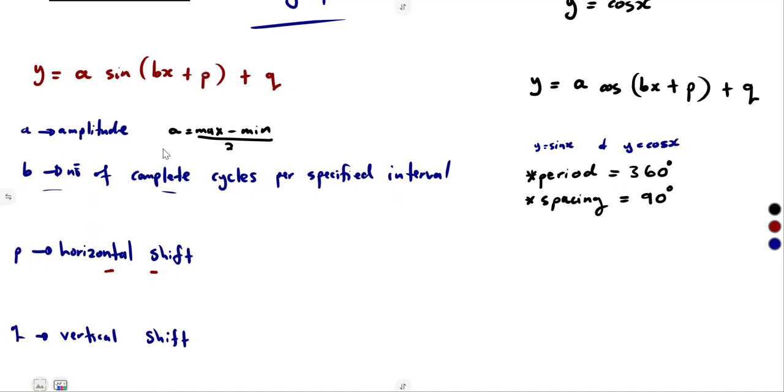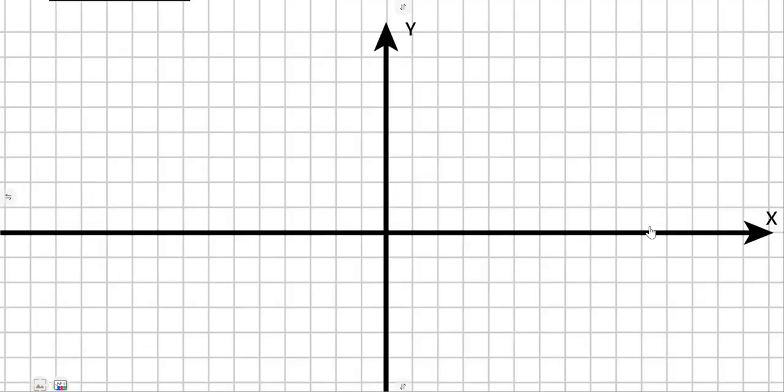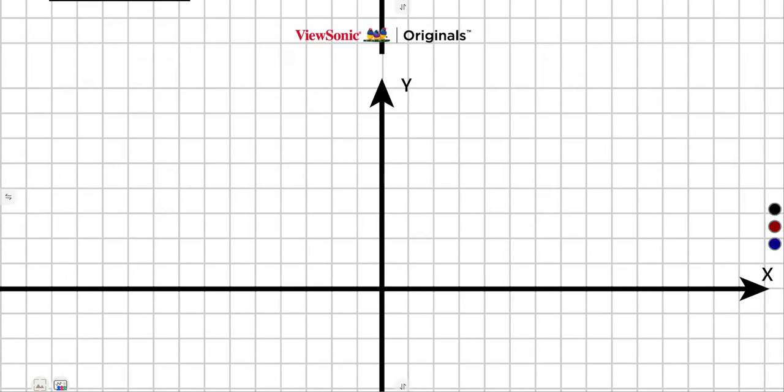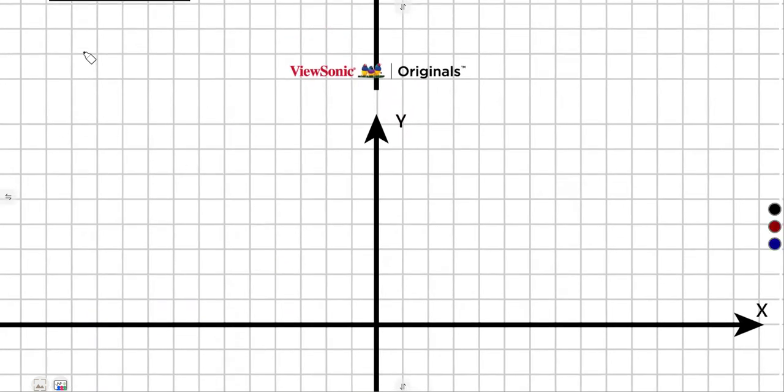So with this knowledge, guys, we're not going to waste time. Let us quickly have a typical example where we can consider the graph of a cos and look into its effects. Just like what we had on the graph of a sine, we are going to do the same thing for the graph of a cos. Let's take y is equal to the cos of x.